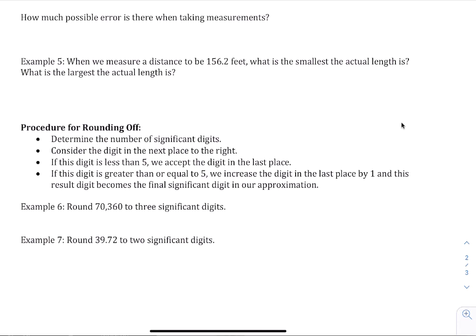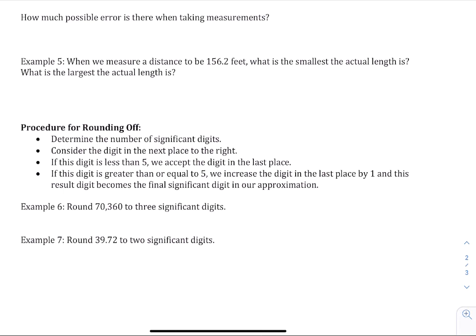So if we're trying to look at possible errors, that last significant digit is going to be from some level of estimation or rounding off.